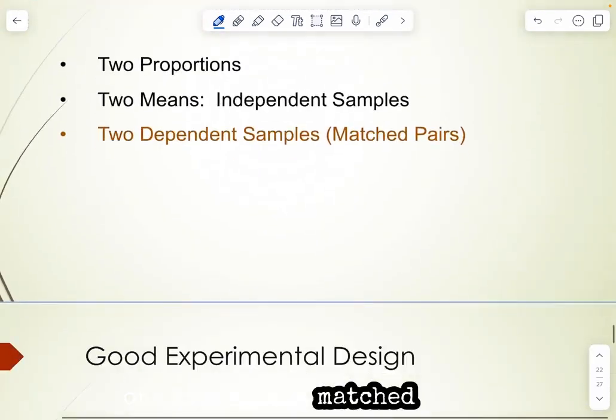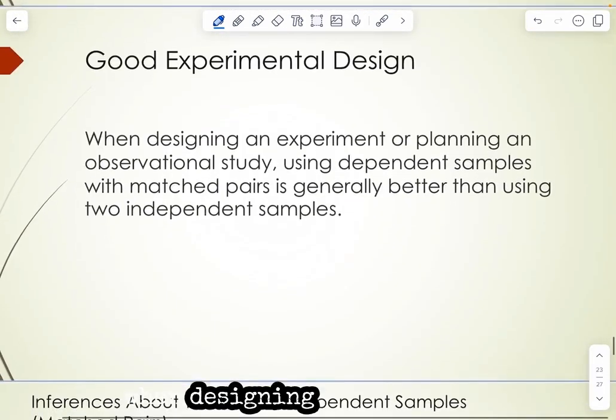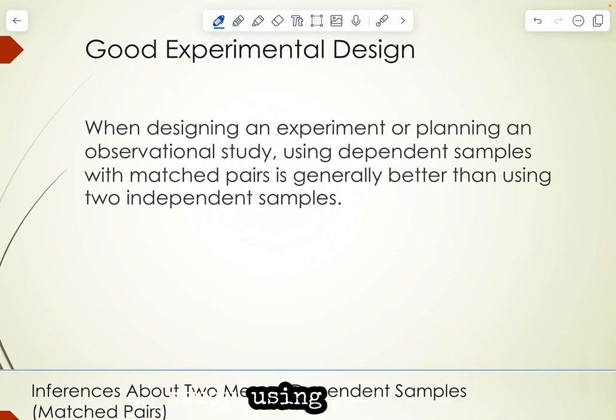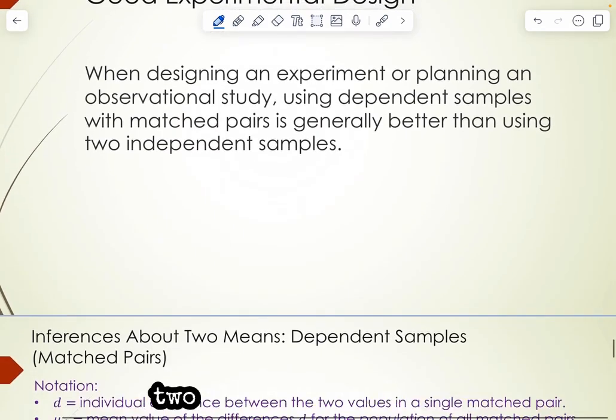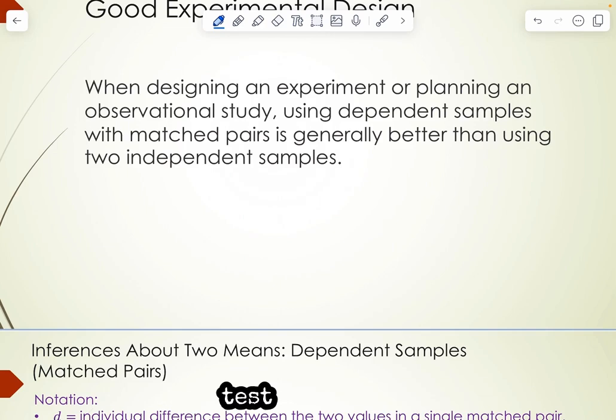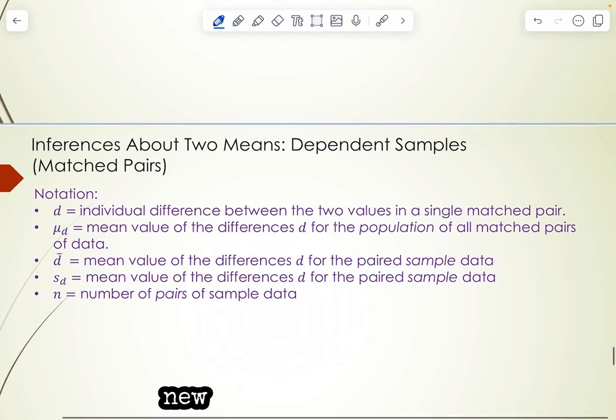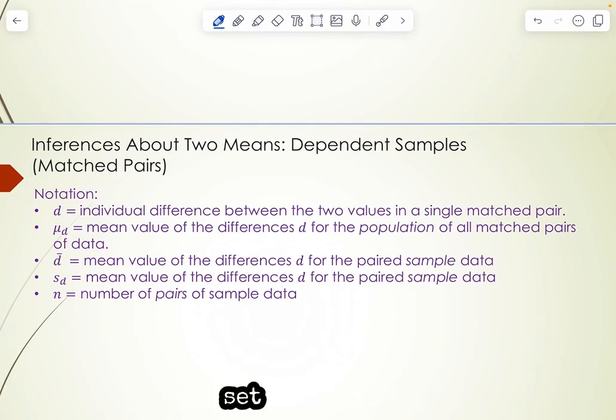One last thing, matched pairs. When designing an experiment or planning an observational study, using dependent samples with matched pairs is generally better than using two independent samples. Test whether a treatment improves. Just use the people before and after, and that'll be your matched pairs. Okay, so there's a bit of new data notation. d is the set of differences between the two values in the single matched pairs.